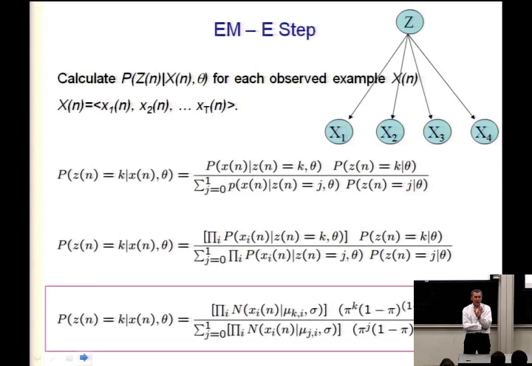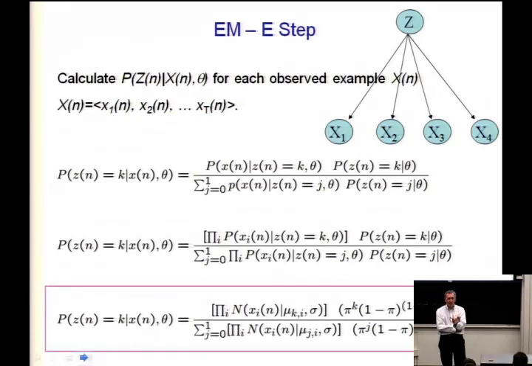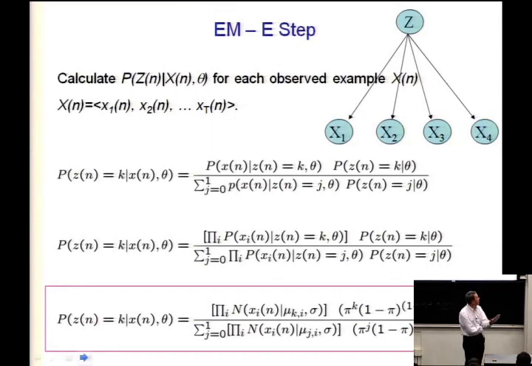So what we're going to do is, we can't use maximum likelihood estimates because we can't observe all the variables. So instead we're going to use the expected value of the full log likelihood. When I say full, I mean the probability of our observed variables x plus our unobserved variable z.